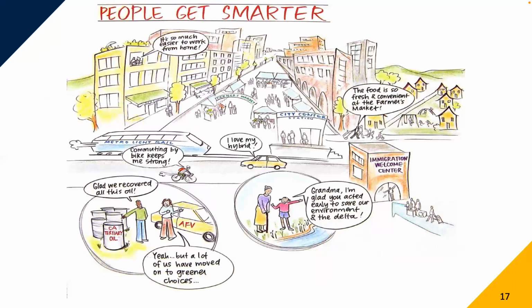Okay, so there's this one story: people get smarter. And so we might envision this world where lots of people use public transit. You have much more local, sustainable agriculture. What else do we have?